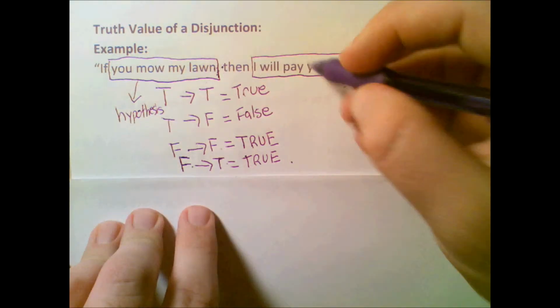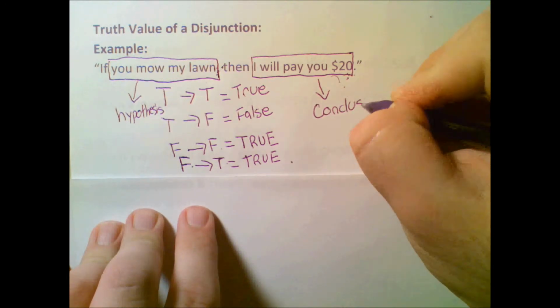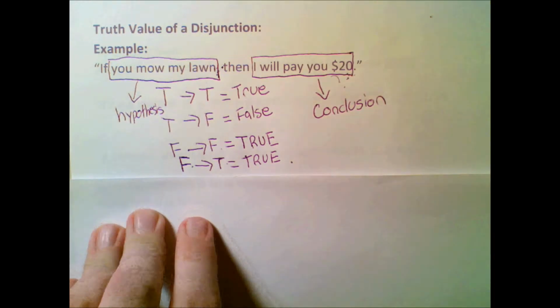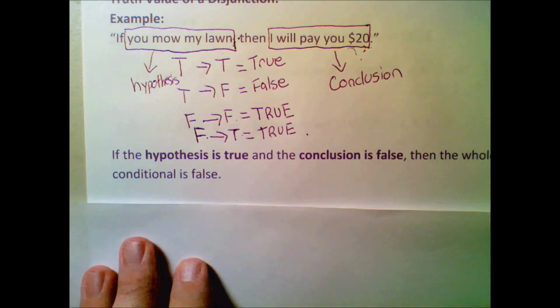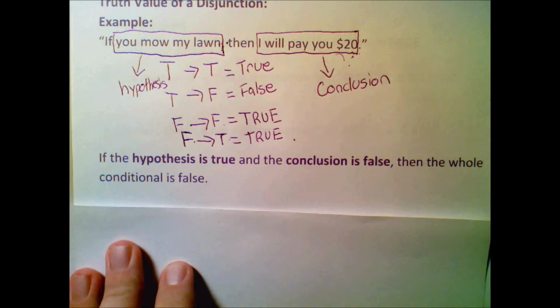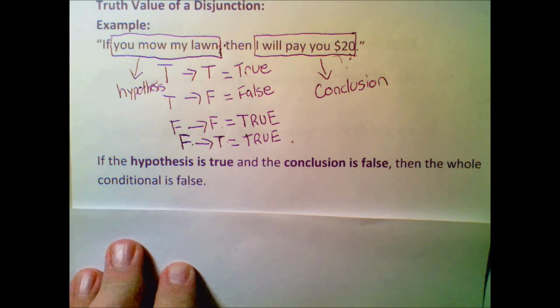The second part is the conclusion. This is what's going to happen if the hypothesis is true. Now, the validity of this statement: if the hypothesis is true and the conclusion is false, then the whole conditional is false. Otherwise, it'll be true. Okay?